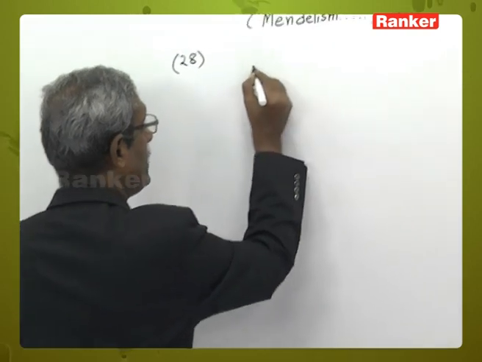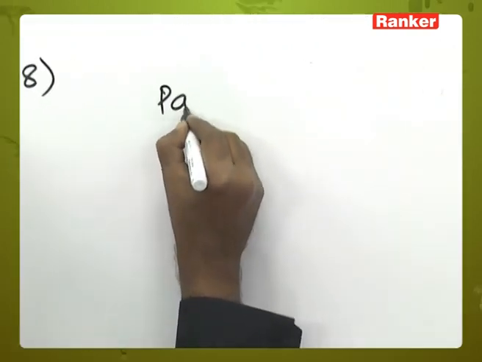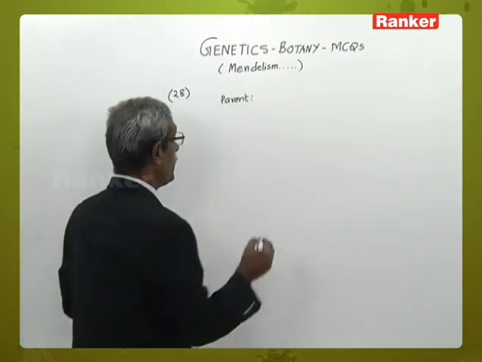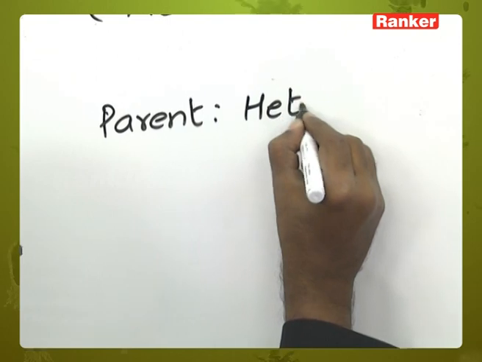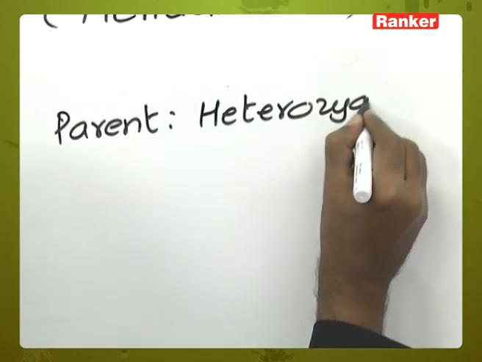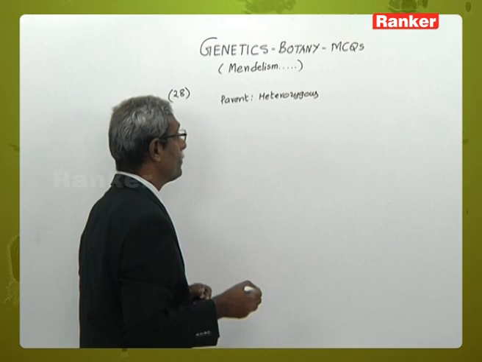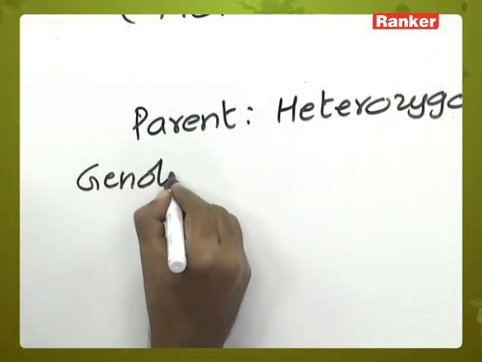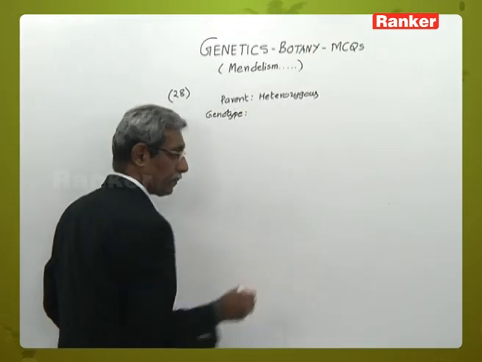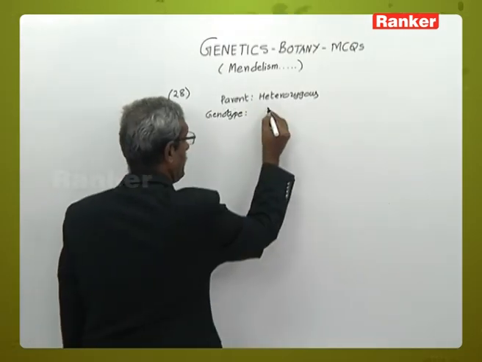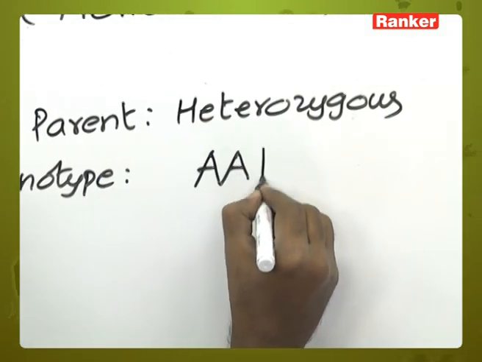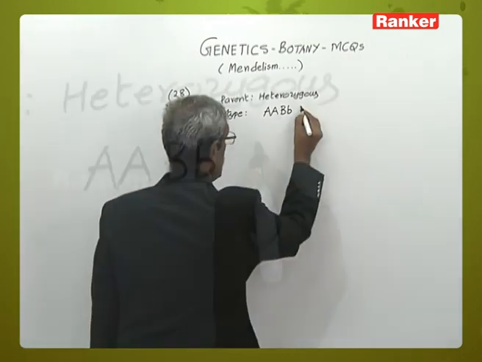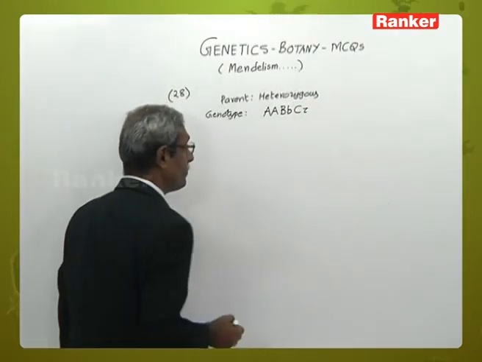So we have a parent which is predominantly heterozygous, and the genotype is given as capital A, capital B and a small b, as well as you got a capital C and a small c.